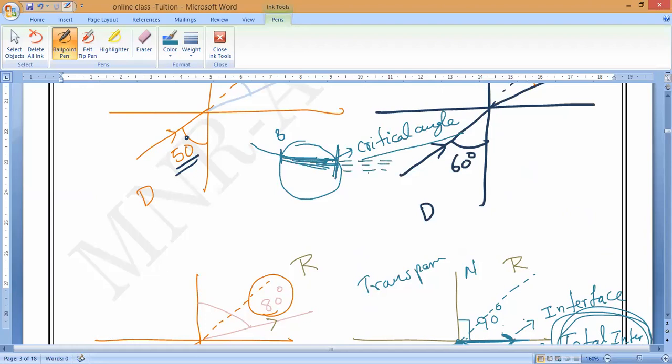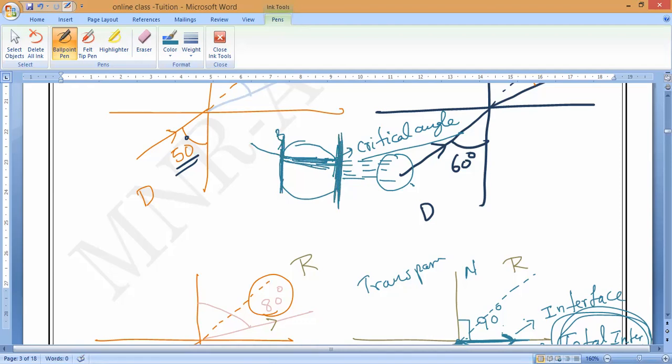But if it goes like this, we will never see the rainbow. That is why nature itself makes the dispersed light fall on another surface of the raindrop. This is one surface, and this is the second surface.